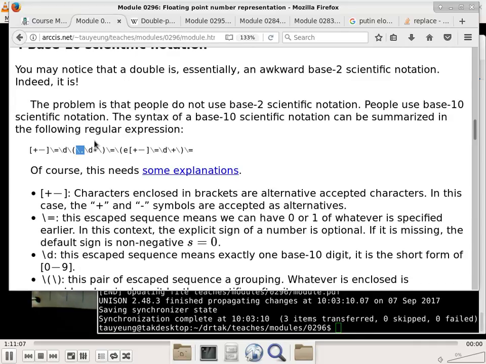And the single period can be followed by digits, right? This asterisk means any number of the thing that is before. So together, \D asterisk means any number of digits. Can be 0. Is that okay? So when you look at this entire group, it is basically saying the mantissa of a scientific notation can optionally have point blah blah blah blah.